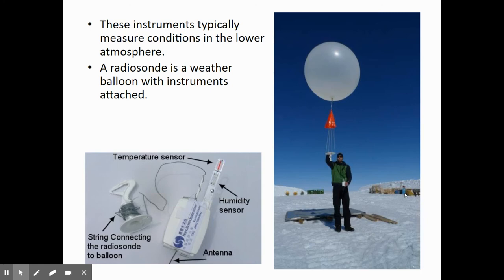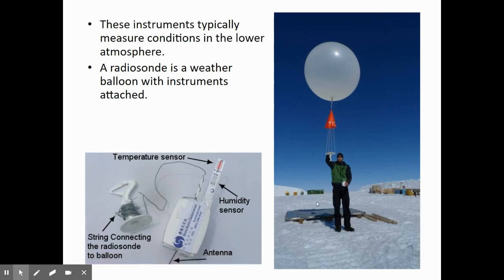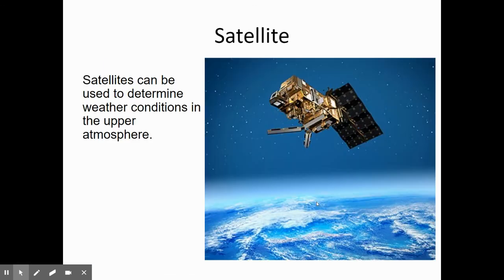A radiosonde, which is a weather balloon, is sent up and will take measurements from the lower part of the atmosphere and send them back. These were kind of expensive, so they try to retrieve them. Okay, and satellites can be used to determine weather conditions in the upper atmosphere.